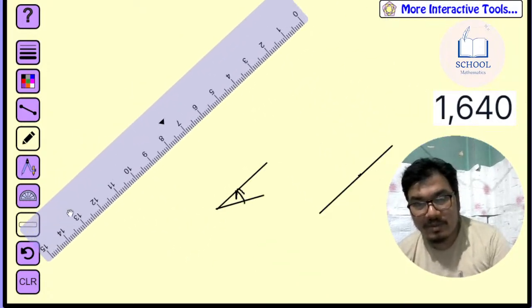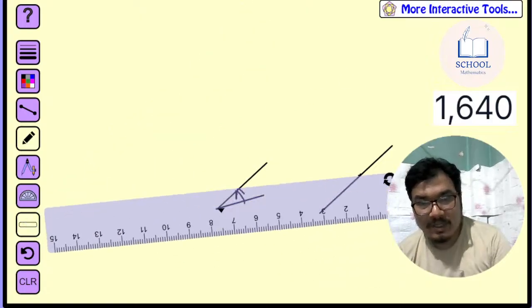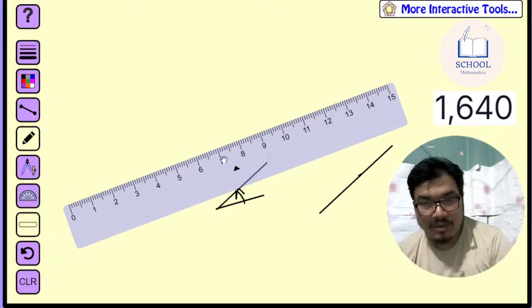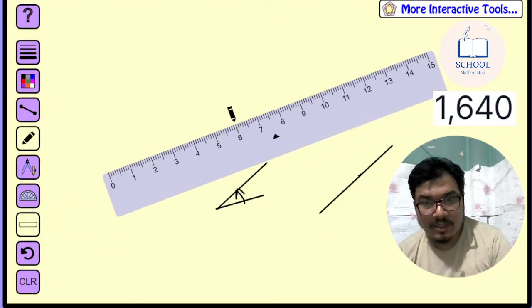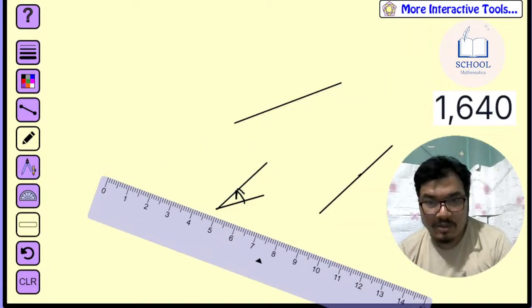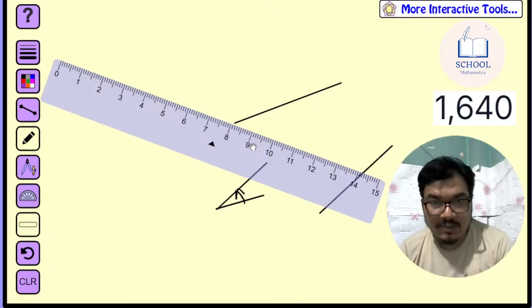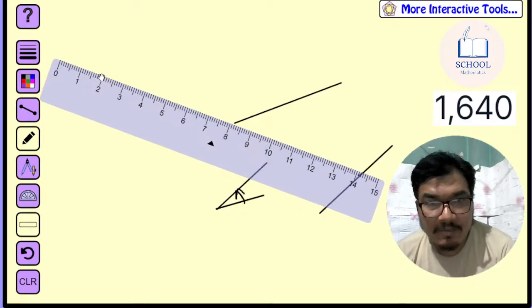And sometimes it may be given like this also. See here, a line is drawn like this, and after that the angles given are more than 90, like this, and we have to identify it by looking at its size.